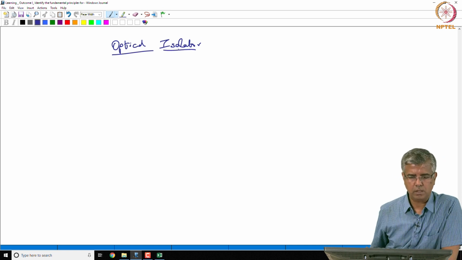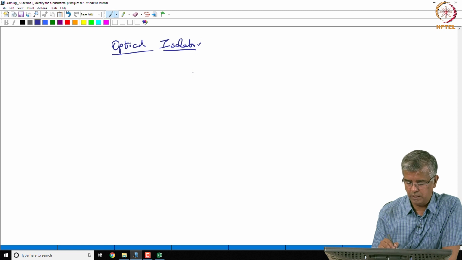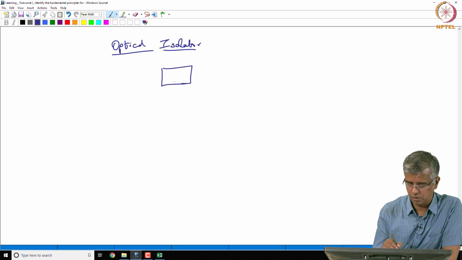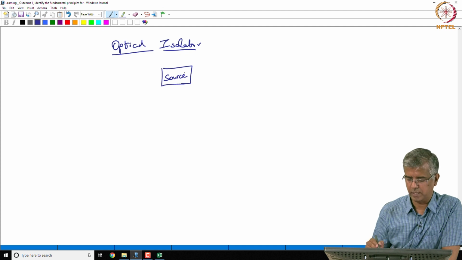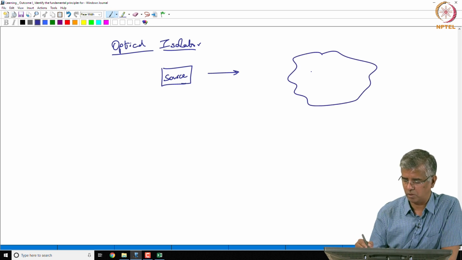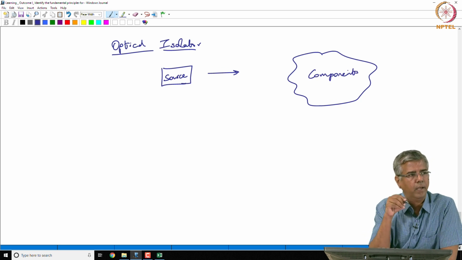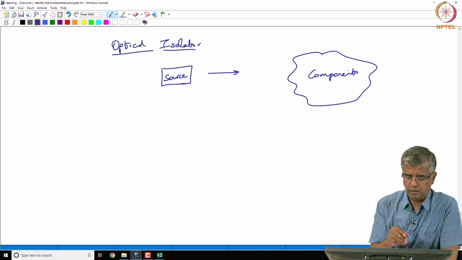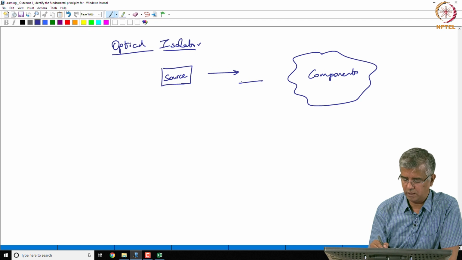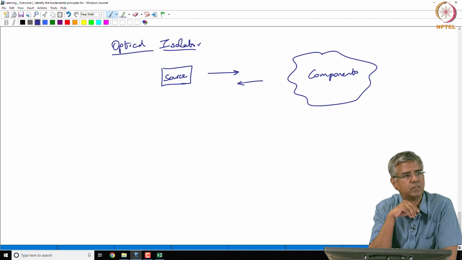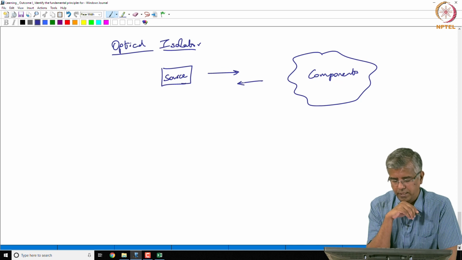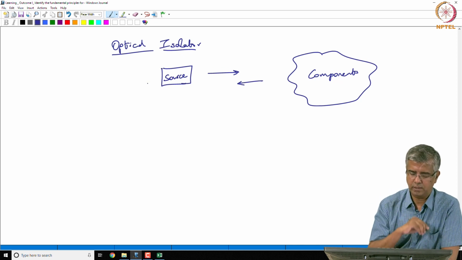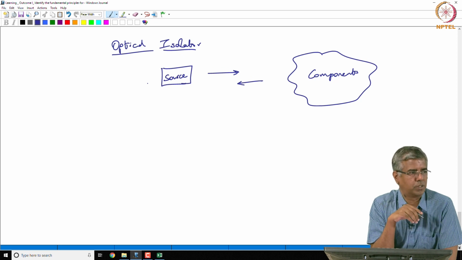So, question is, when you send light from a source, let us say a laser, you send this light and it gets into some other components over here. Okay. But some of that light could actually get reflected by those components, and that reflected light can potentially go into the source.